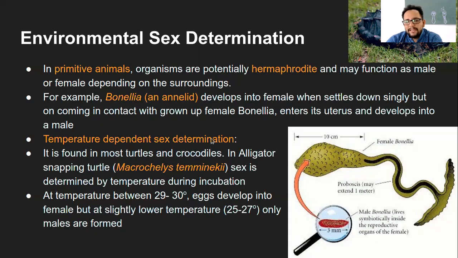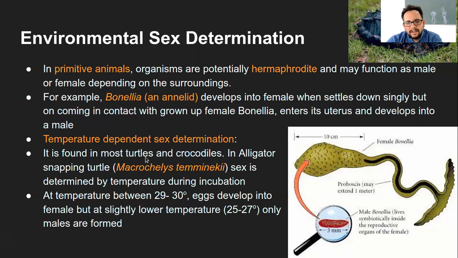Now, something similar is another environmental factor, that is temperature-dependent sex determination. Based on certain temperature changes, it causes a change of gender. It is found in most turtles and crocodiles, and in this specific species called the alligator snapping turtle.